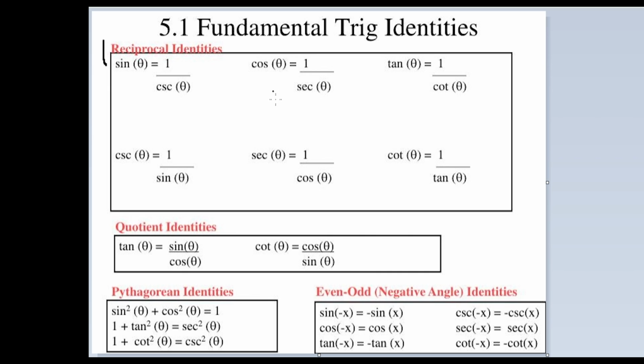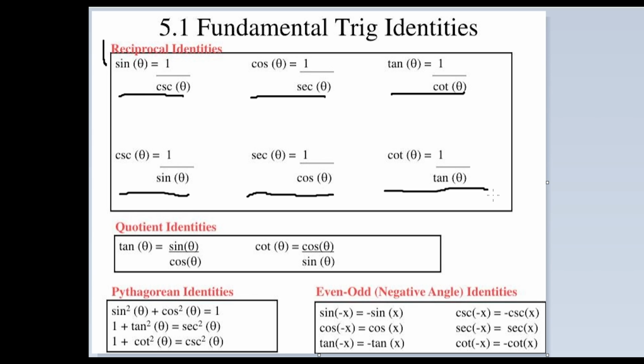So the 6 main reciprocal identities are sine theta equals 1 over cosecant theta, cosine theta equals 1 over secant theta, tan theta equals 1 over cotangent theta, cosecant theta equals 1 over sine theta, secant theta equals 1 over cosine theta, and cotangent theta equals 1 over tangent theta.